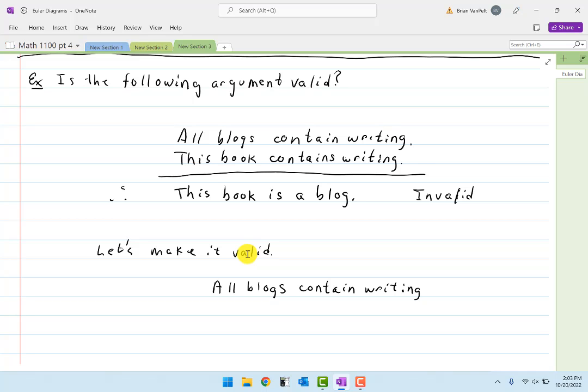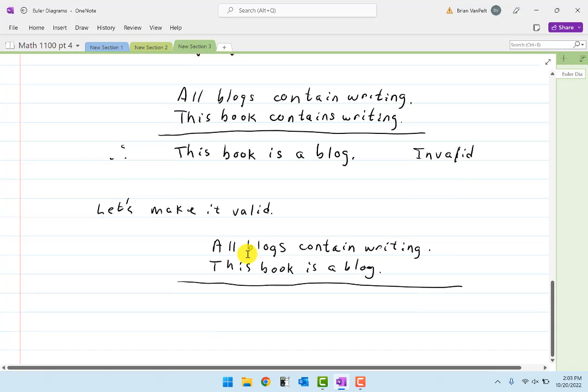And then I'm going to put this book as a blog next. Therefore, this book contains writing.